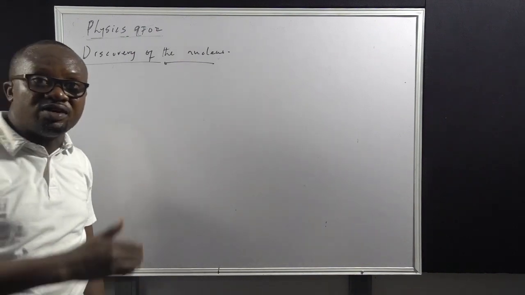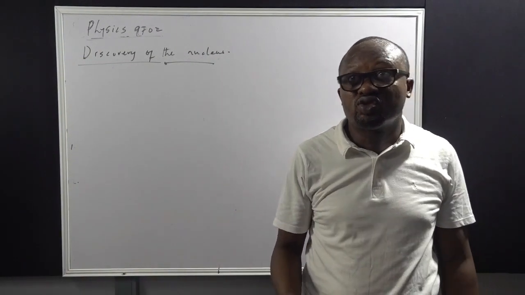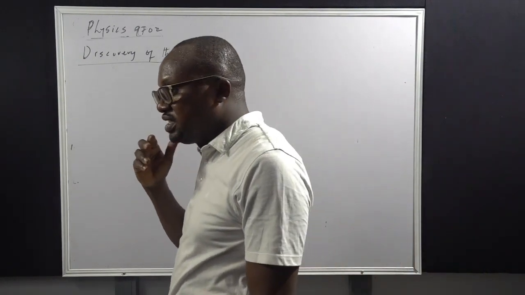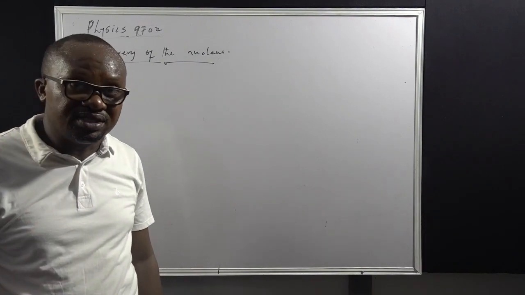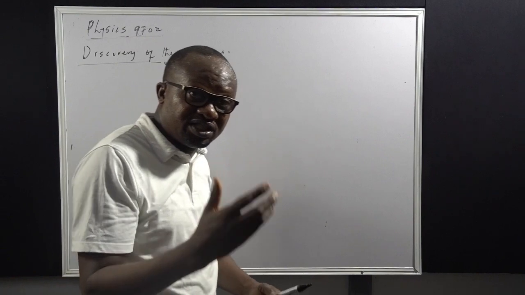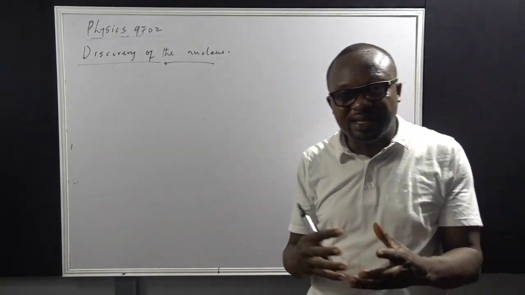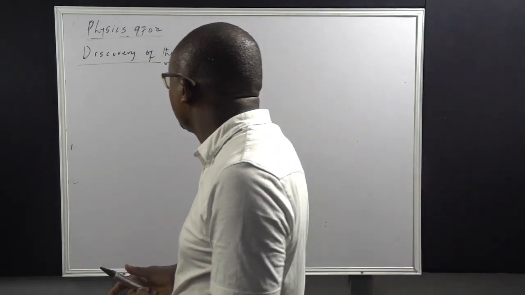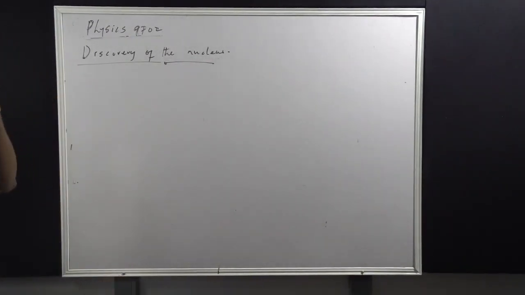This means that prior scientists who described the atom didn't describe the atom to include the nucleus. Example of that is J.J. Thomson. J.J. Thomson described the atom as a positive sphere with the electrons embedded in it. There was no room in his discussion that the atom actually contains the what? The nucleus.